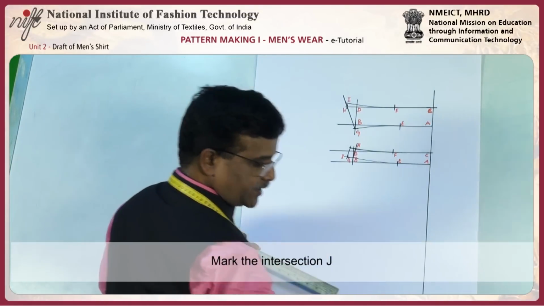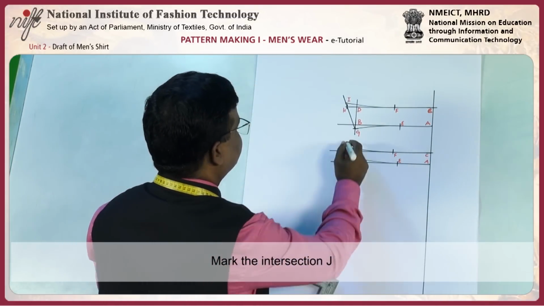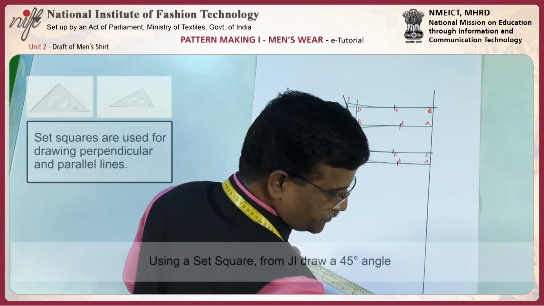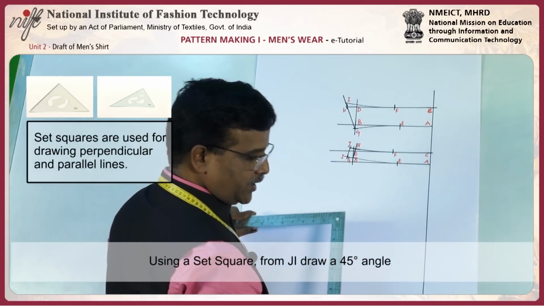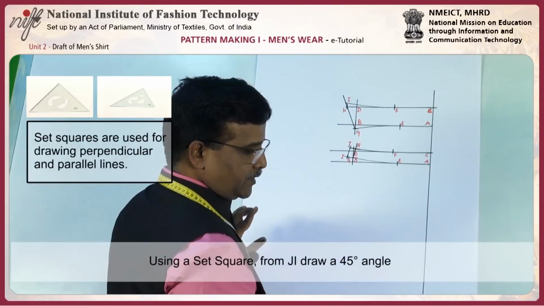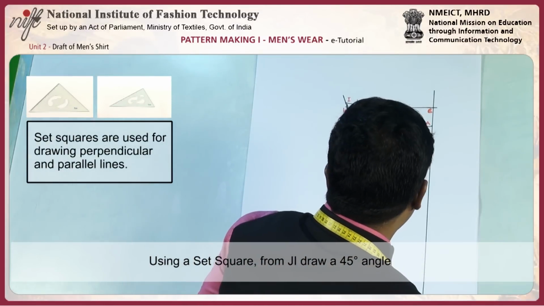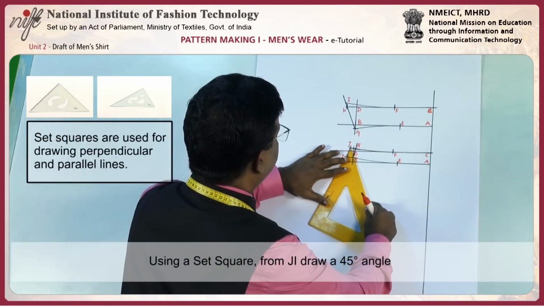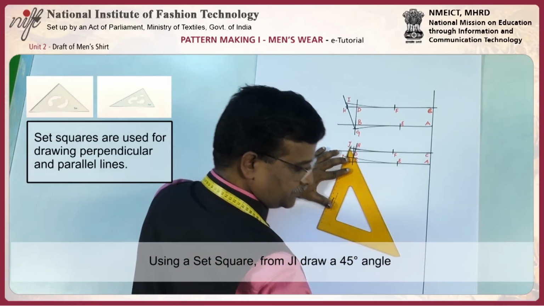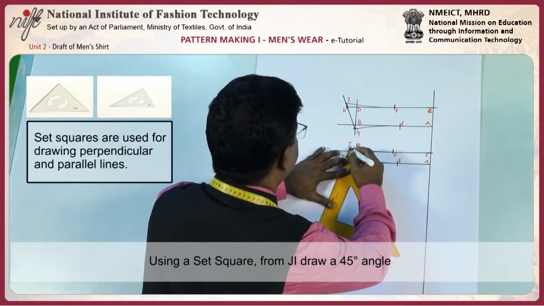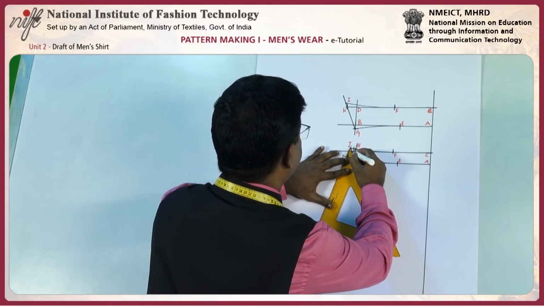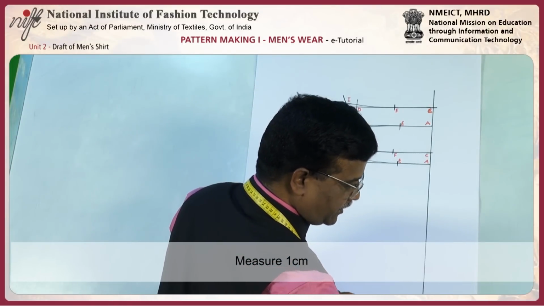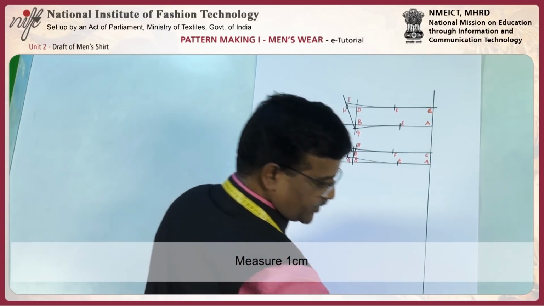Then mark the intersection J. J to I, draw a 45-degree angle and measure 1 centimeter.